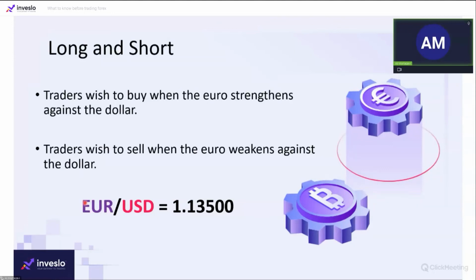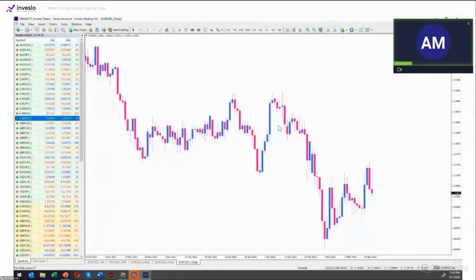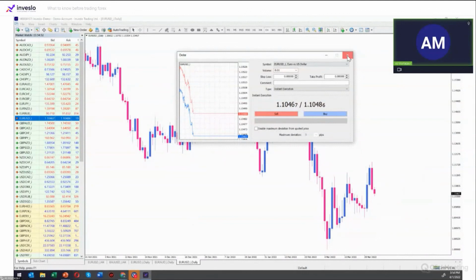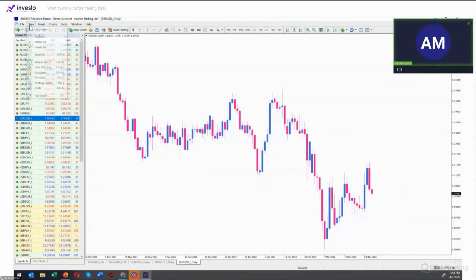For example, if we look at Euro USD, traders wish to buy when the euro strengthens against the dollar. In that case, when you are going to open a position on the MT4, as you see here on my chart, you are going to open a buy position.